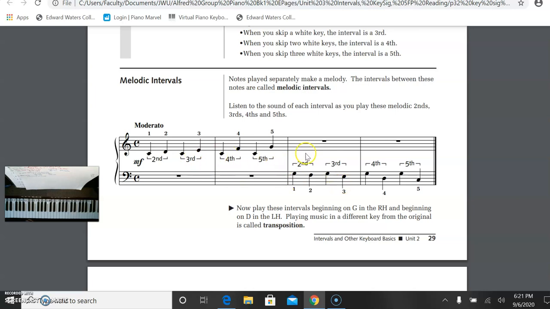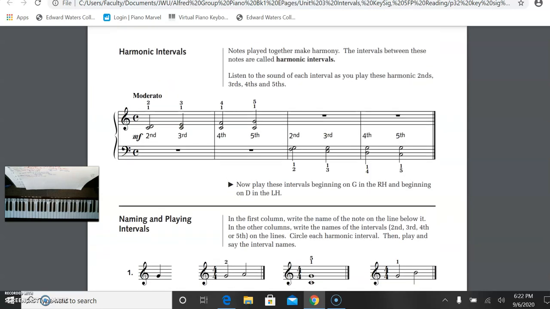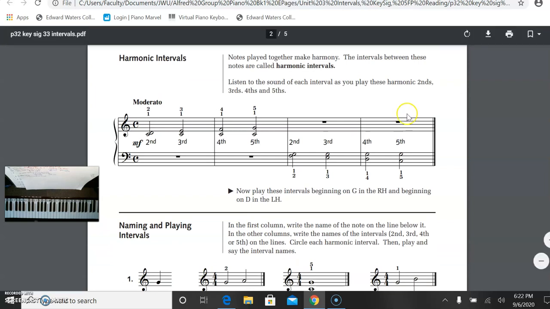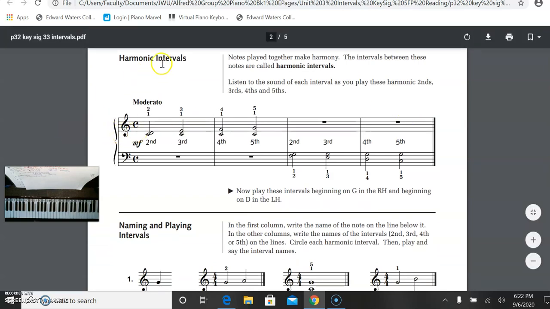So I'm going to play this whole exercise here, and this is an example of melodic intervals, meaning they're not played together, but played separately, different pitches going in different directions. And then just like we had in the piano marble exercise, this is the same example of what harmonic intervals look like.